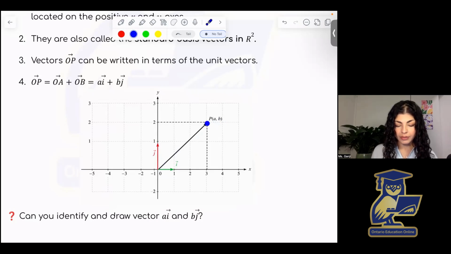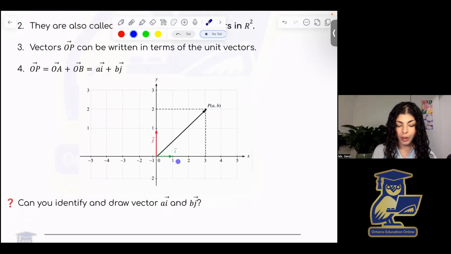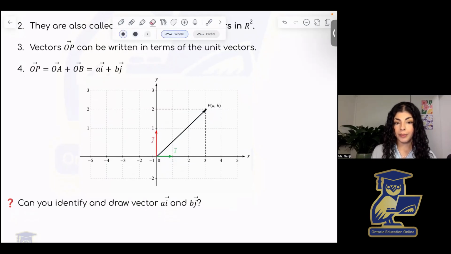If we draw this vector here that has the direction given by this point, then we can also write it alternatively as ai, which is the x component a times the unit vector i, and then the y component b times the unit vector j.